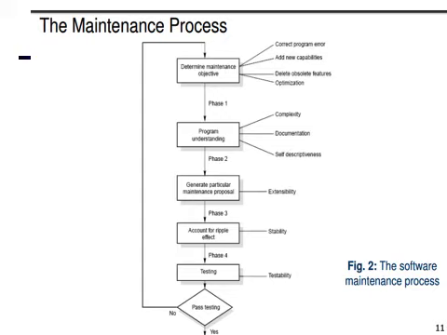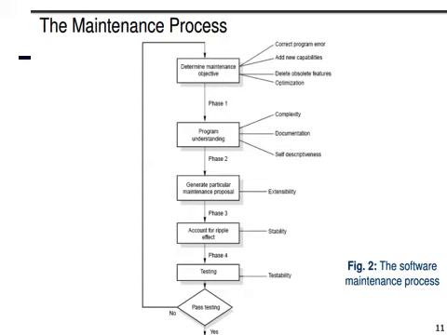It starts with determining the maintenance objective, that is, whether the maintenance is required to correct a program error, or to add new capabilities, or to delete obsolete features, or for optimization. What is the objective of the maintenance process? That should be determined first.